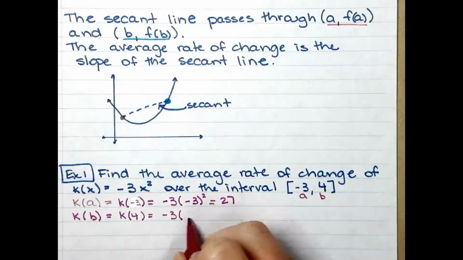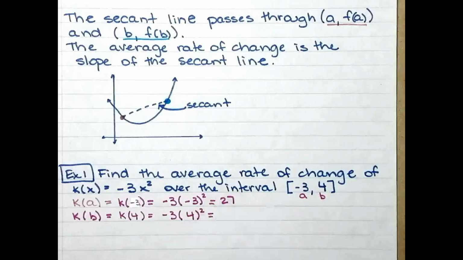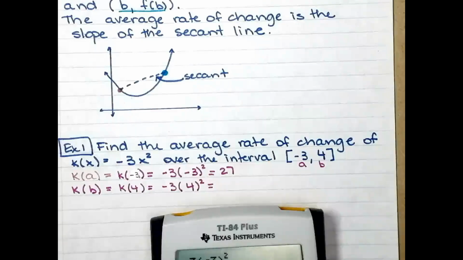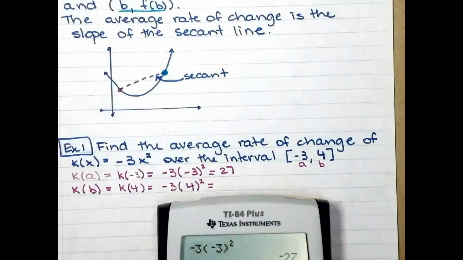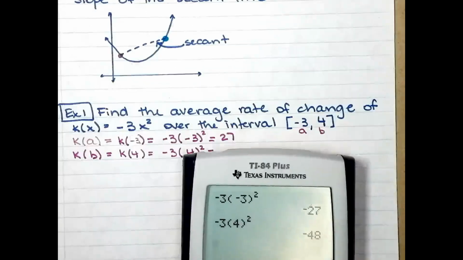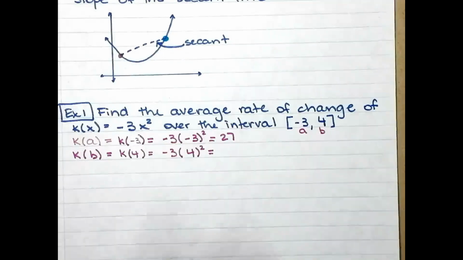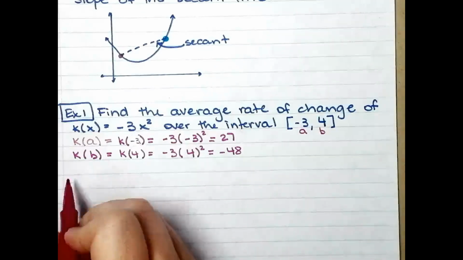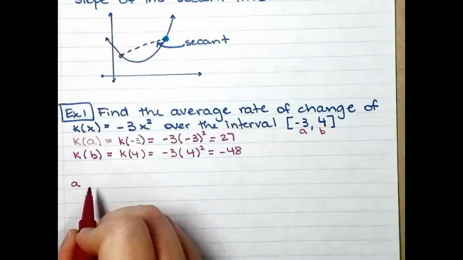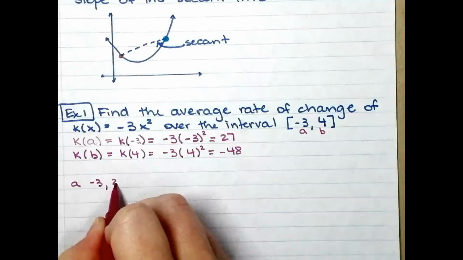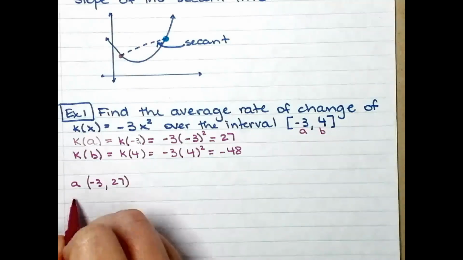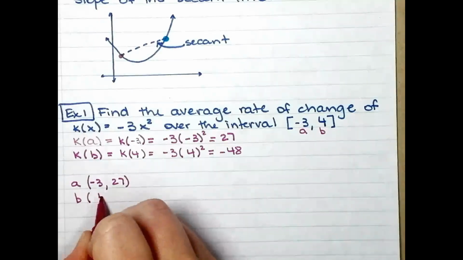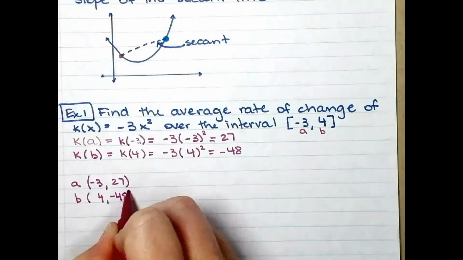So when we substitute right there, we have -48. Okay, so I have my point A right there, (-3, -27). And then I have B is (4, -48).